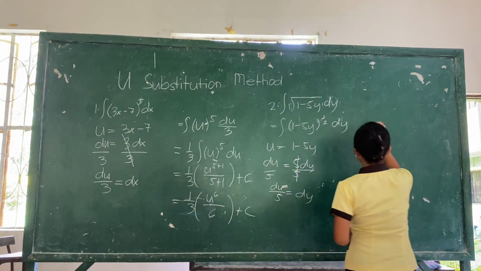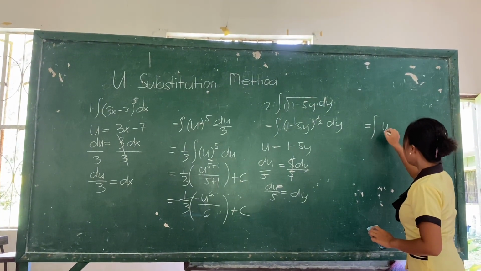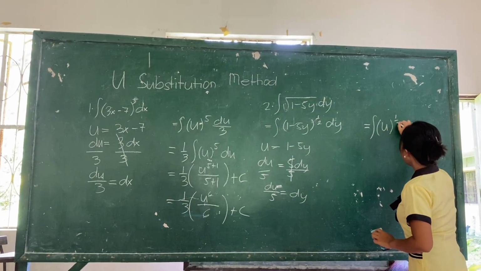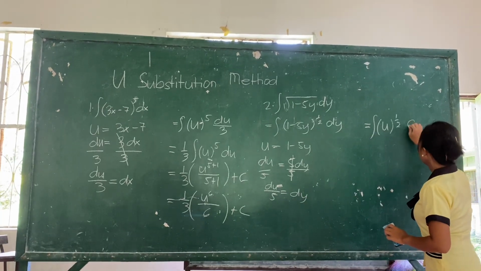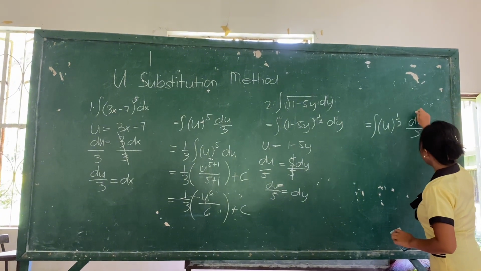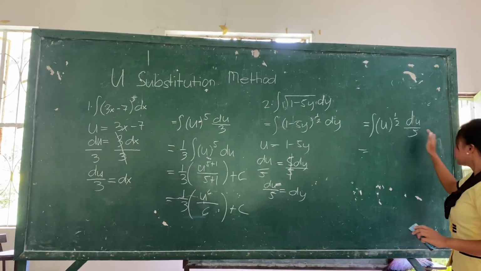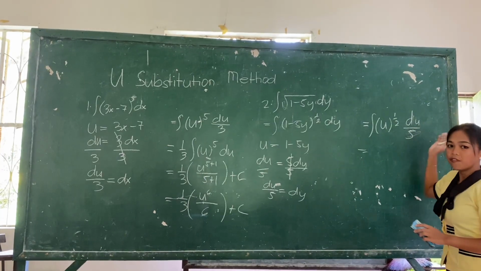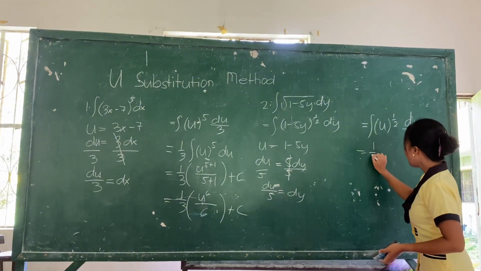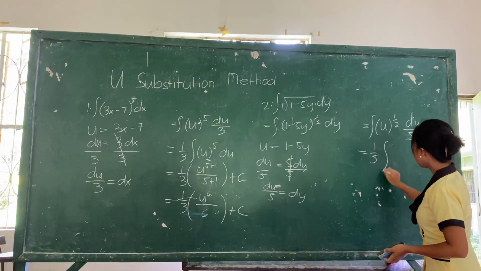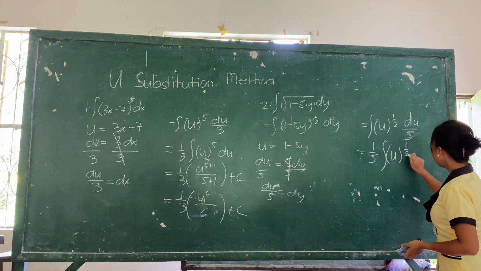Now we can substitute u raised to the power of 1/2 dy, which is equal to du over 5. Next, since 5 is on the bottom, we can move it to the front and it becomes 1/5 integral of u raised to the power of 1/2 du.